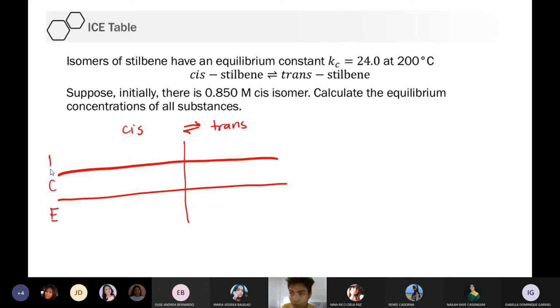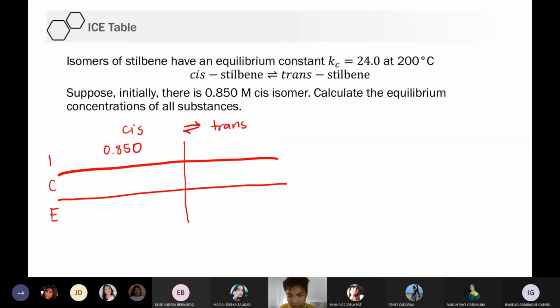So what is the I? The I in the ICE table is the initial amounts. It could be in concentration units or in pressure units, depending on the problem. In our case, the initial amount for the cis isomer is 0.850 molar. I will not write the unit. Whatever is said in the problem, whatever the initial amount is, that is what you put in the I. For the cis isomer, that's 0.85.